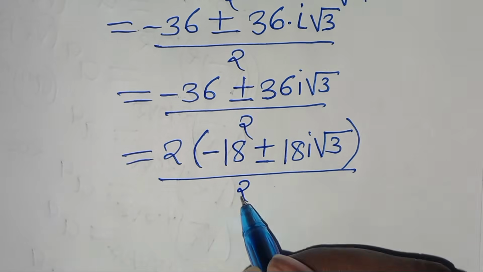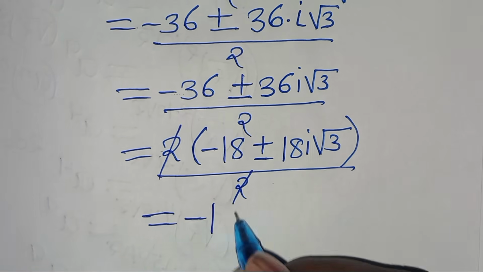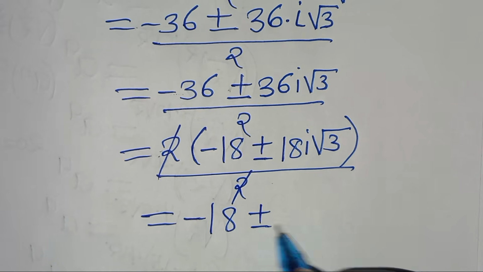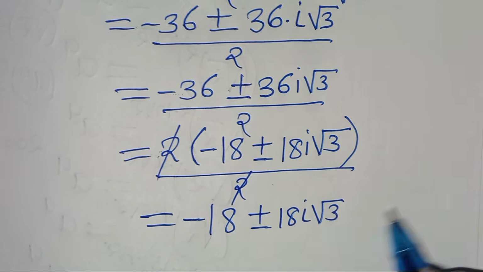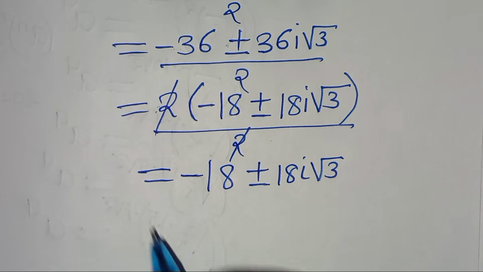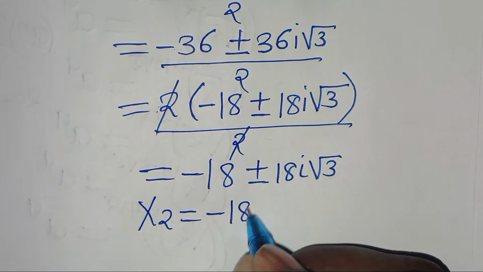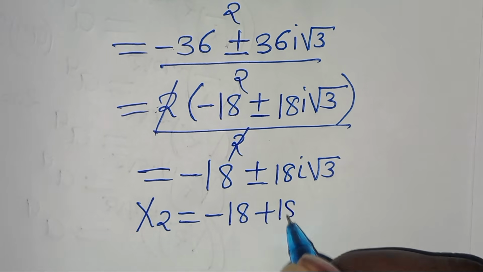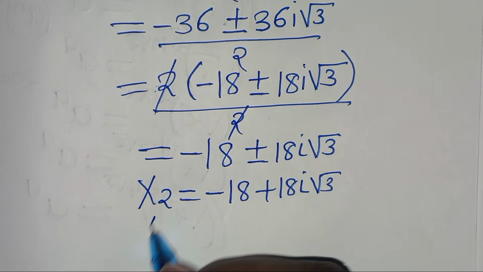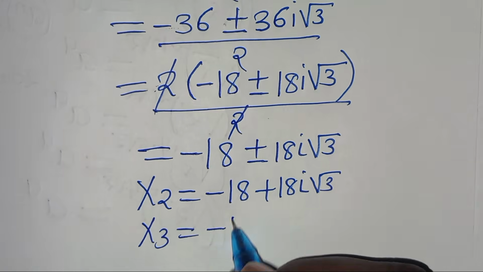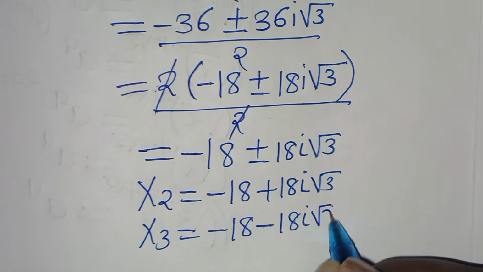Now, let's simplify 2 and 2 here so that we have negative 18 plus or minus 18i square root of 3. So this means that x2 is equal to negative 18 plus 18i square root of 3. Then we have x3, which is negative 18 minus 18i square root of 3.